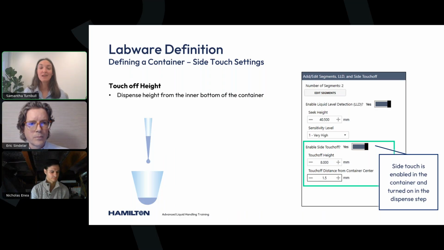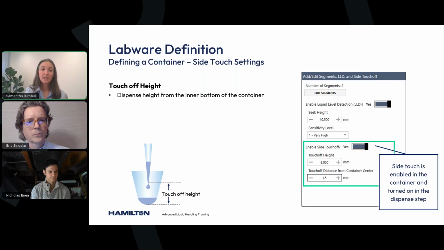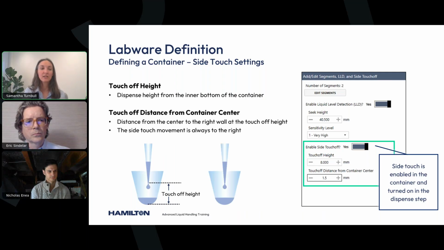This is also where you would enable this side touch off. So this is a particularly helpful technique if you have hanging droplets, if for some reason you can't get that last bit out of the well. So you specify a touch-off height and touch-off distance for your specific container.